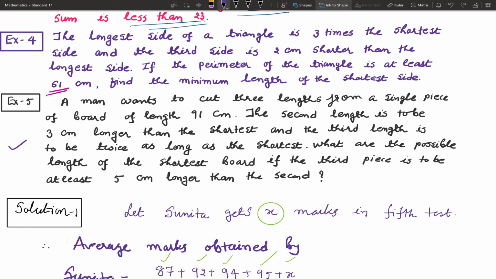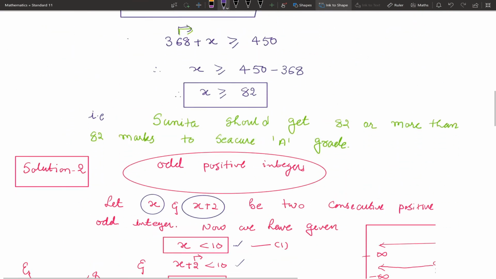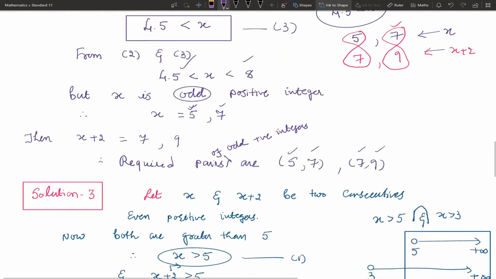The second length is to be 3 centimeters longer than the shortest, and the third length is to be twice as long as the shortest. What are the possible lengths of the shortest board if the third piece is to be at least 5 centimeters longer than the second? So first let us form the inequality.